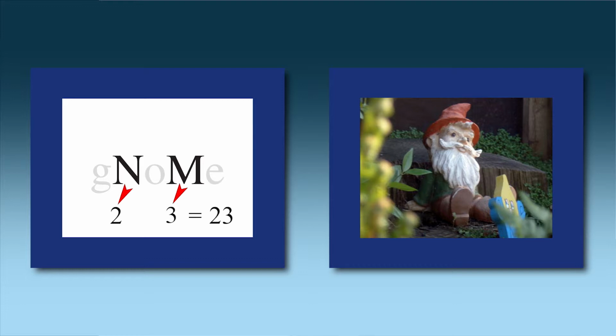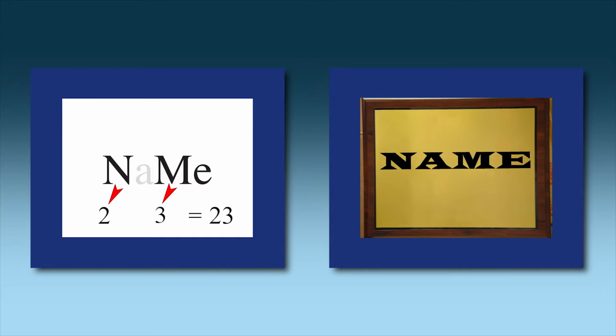And it's not pronounced with the G. Since you don't hear the G, and this is a phonetic system, the N and the M are the only 2 letters which have number equivalency. And therefore this is 23. Like name, N2, M3, name. So for name, I use a name plaque or a gnome.